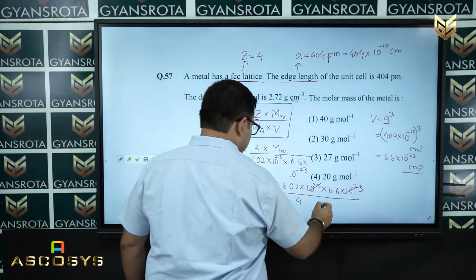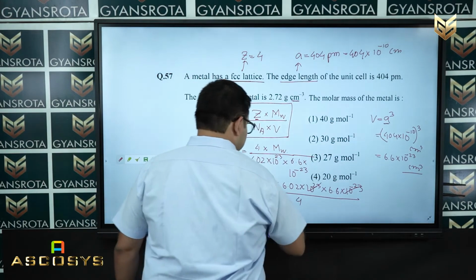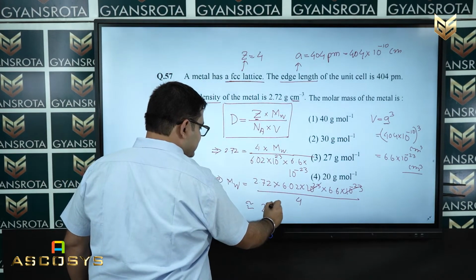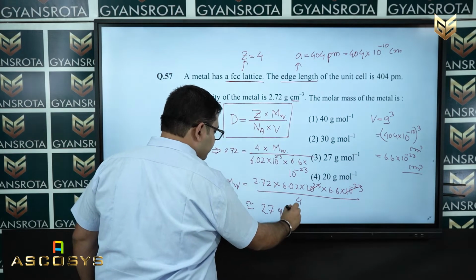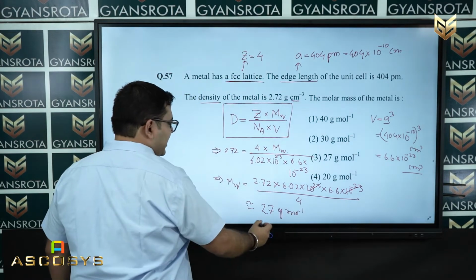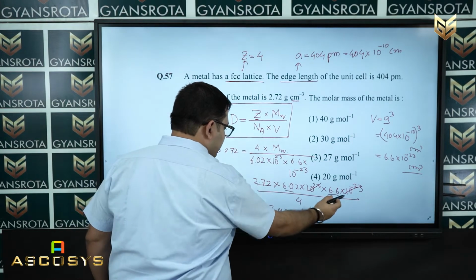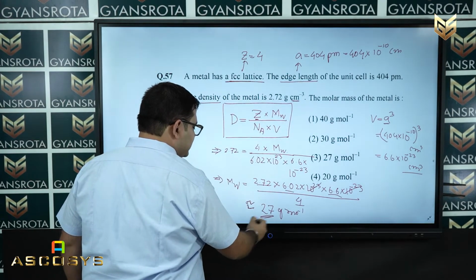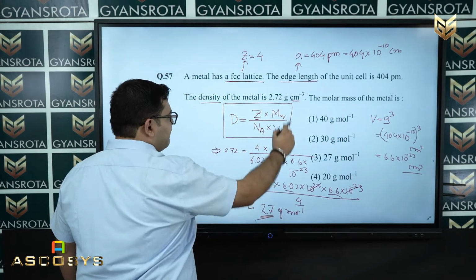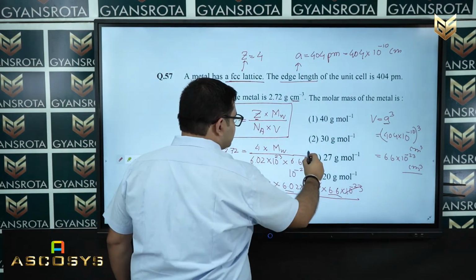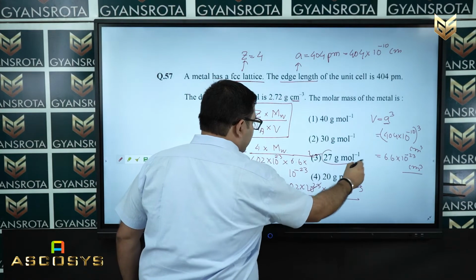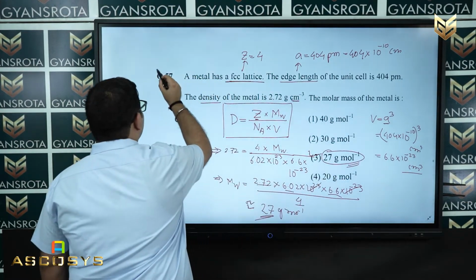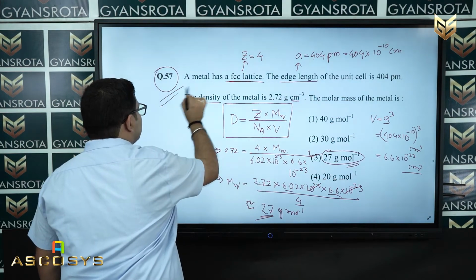So 6 into 6.6, this value comes approximately as 27 gram per mole. Just do the simple calculation here, multiplication of these terms divided by 4, and your value is approximately 27 gram per mole. Now among the options, option number 3 has 27 gram per mole, and this is the correct answer of your question number 57.